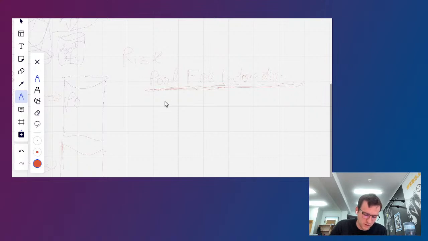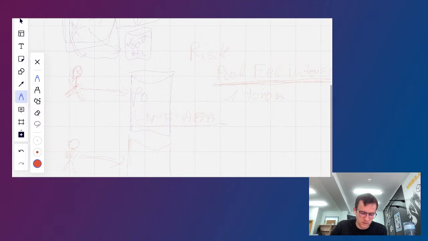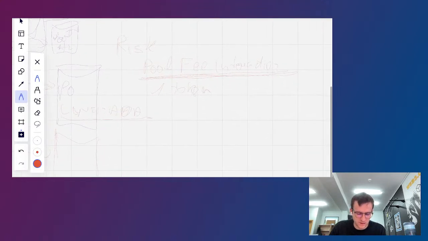Let's say 1 token, because it's calculated in tokens. 1 token for the pool, let's say for the Lenfi ADA pool, which has a unique ID. For this exact pool, someone is behaving in a way that we don't want. They are making small transactions, and we see that average users can't perform the normal transactions that they want.